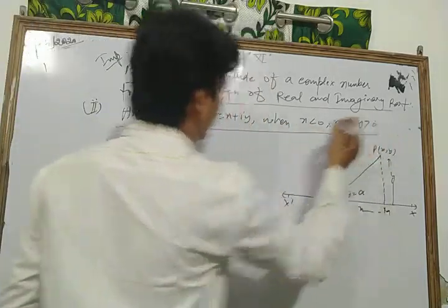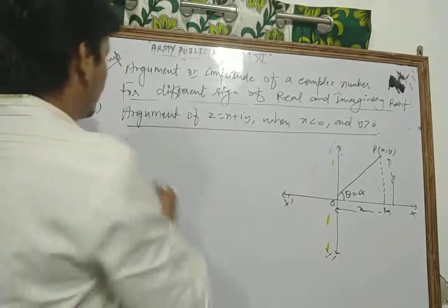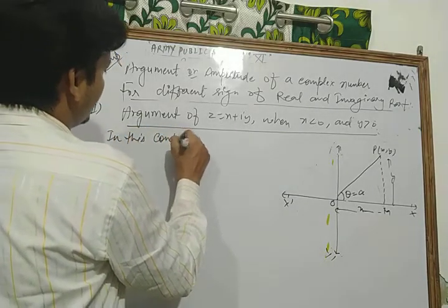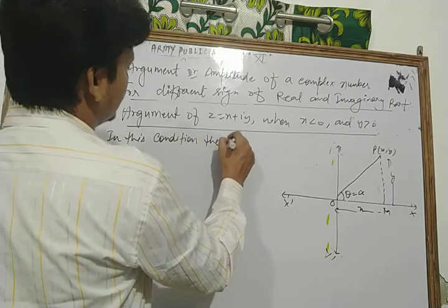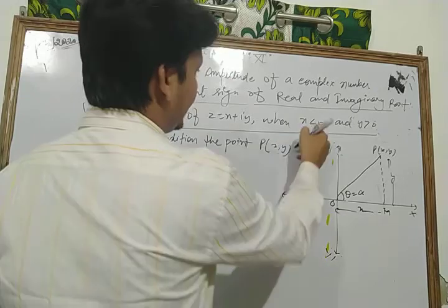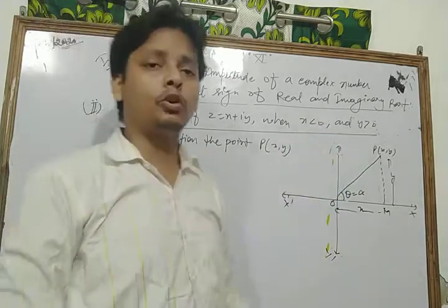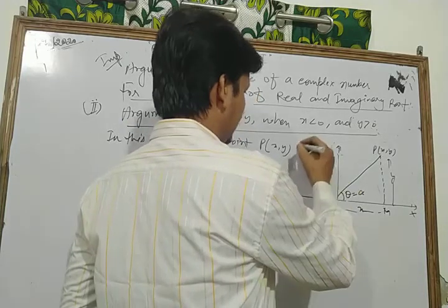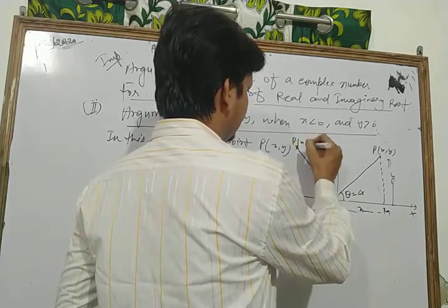In this condition, the point P(x, y), where x is negative but y is positive, lies in the second quadrant.